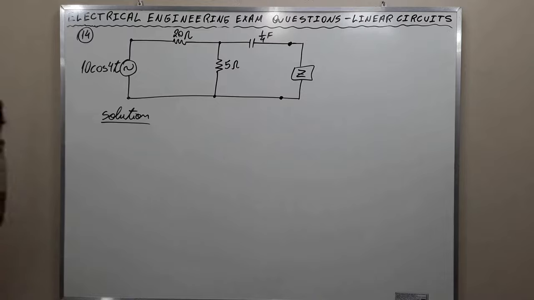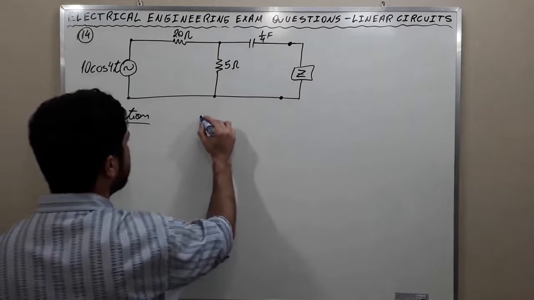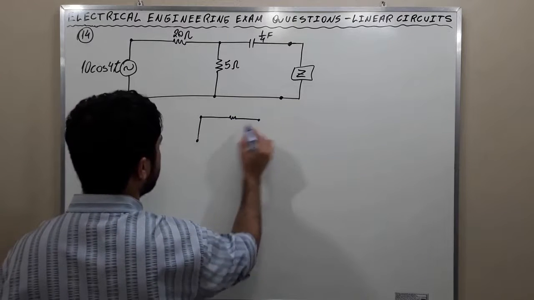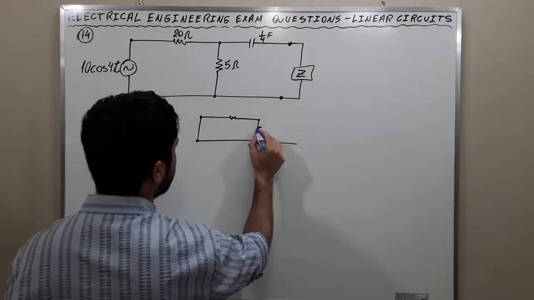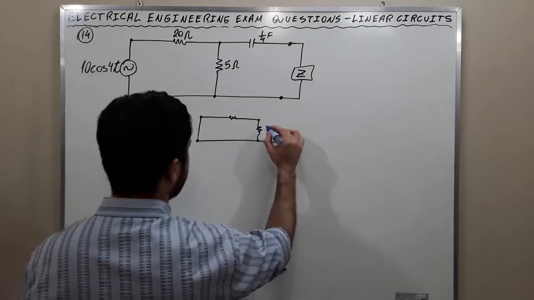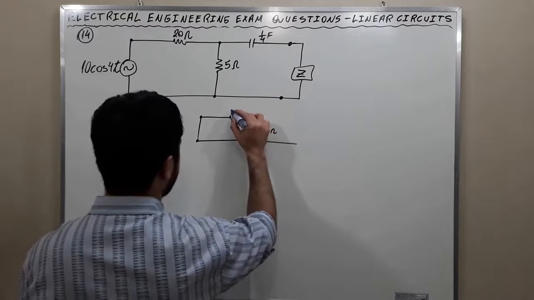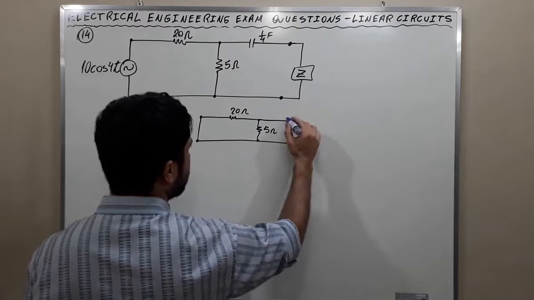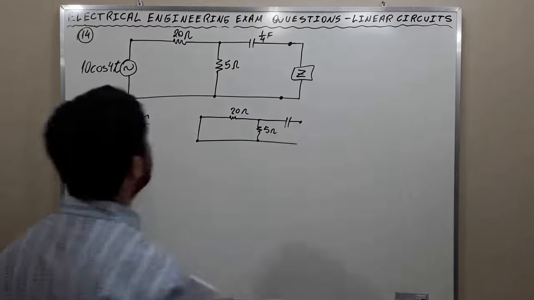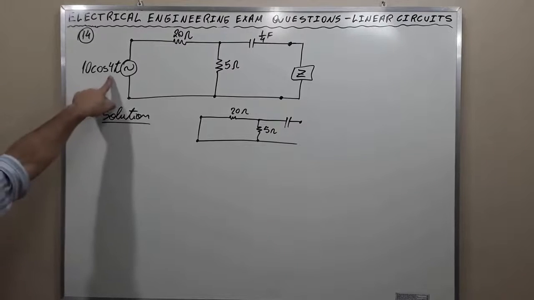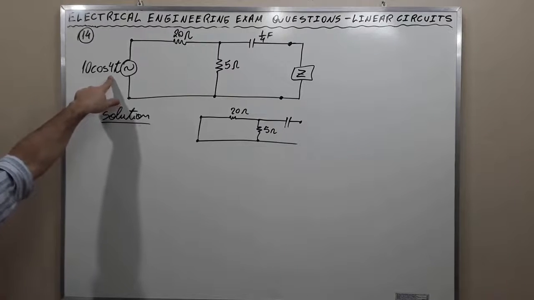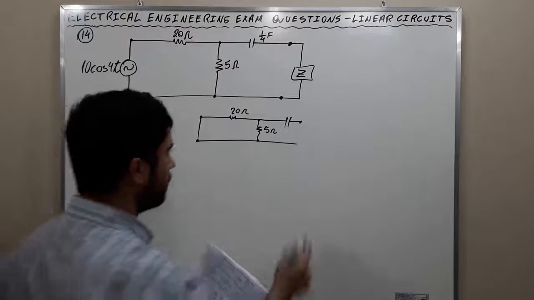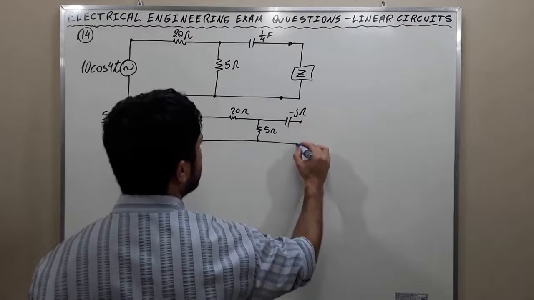Okay, and then the circuit is going to become... observe that the frequency here is 4. Then the value of the capacitive reactance is going to be negative J ohms. Okay?